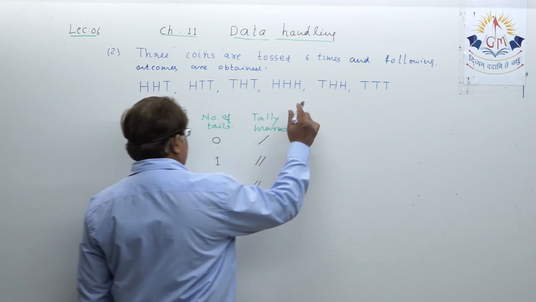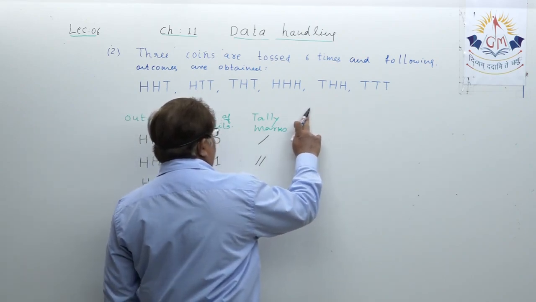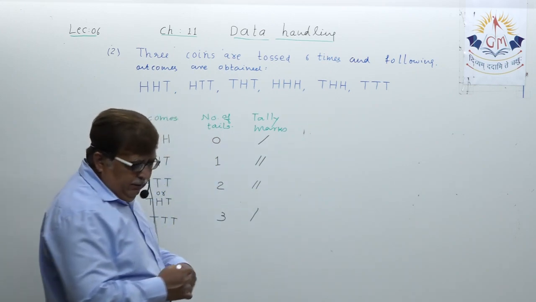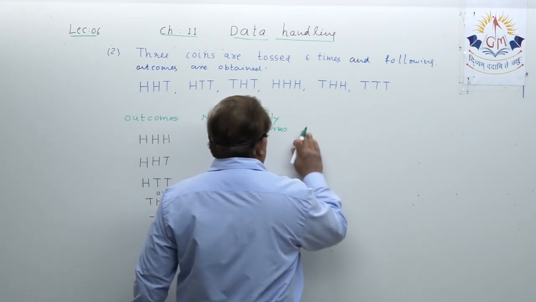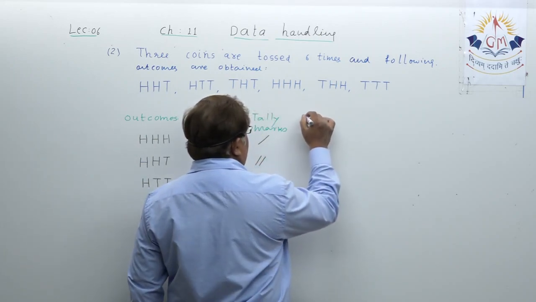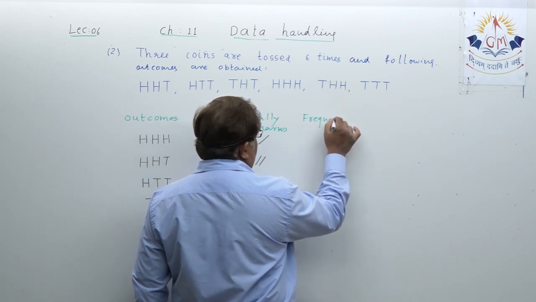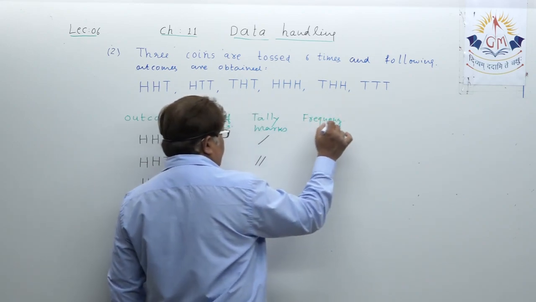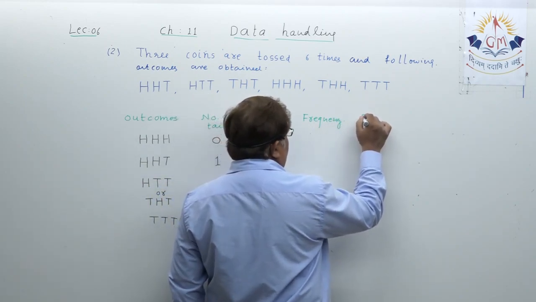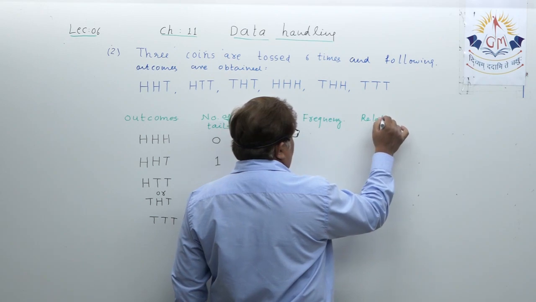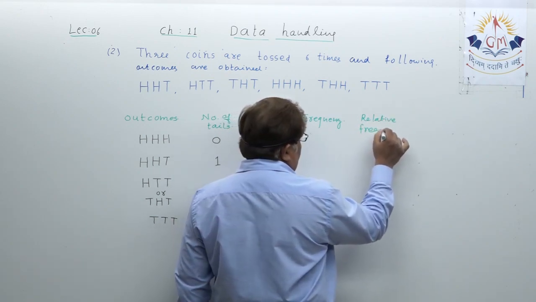And now, dear student, the next column after the tally marks will be of frequency. Let me write all the titles, then it will be relative frequency, as you all know.